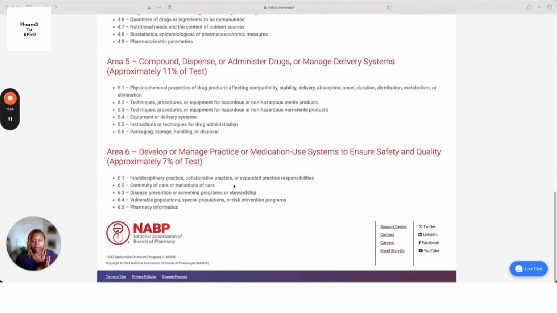Your prep book probably has a chapter on it, which is good, but I also recommend going over basic foundational things that help a little bit. If you're taking the MPJE, I'll even say go a little bit over different things like stewardship and collaborative practice agreements and things of that nature.